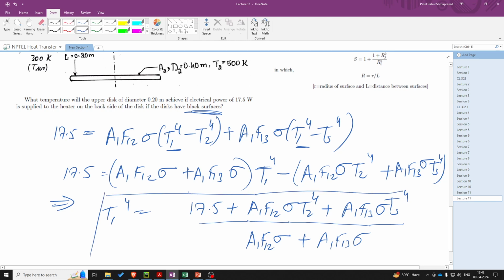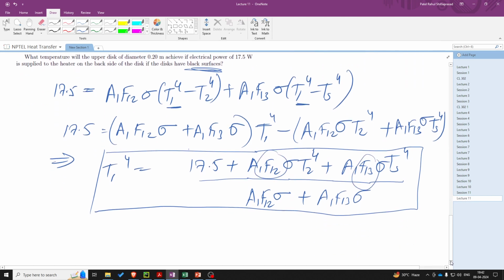So ultimately you can use this equation in order to find T1, but before that we need to find these view factors F13 and F12.